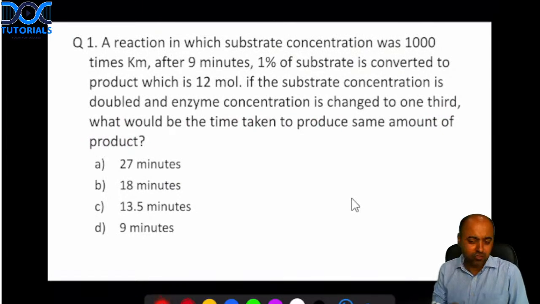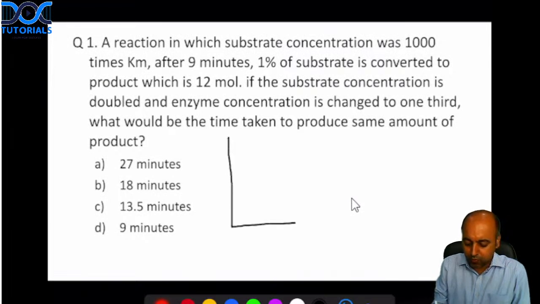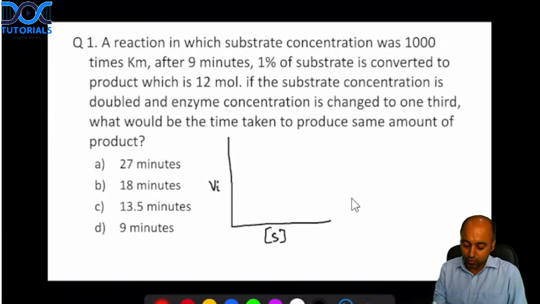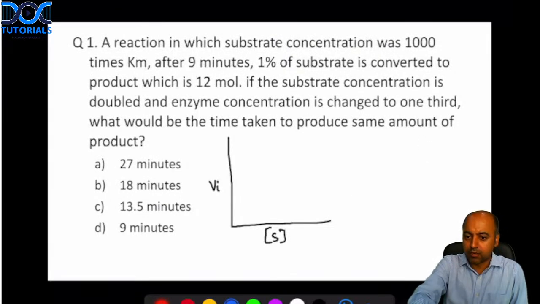Now this is tricky. You have to understand two things. Number one is what the graph looks like when you look at the velocity against the substrate concentration. If you remember this, then the story becomes simpler.